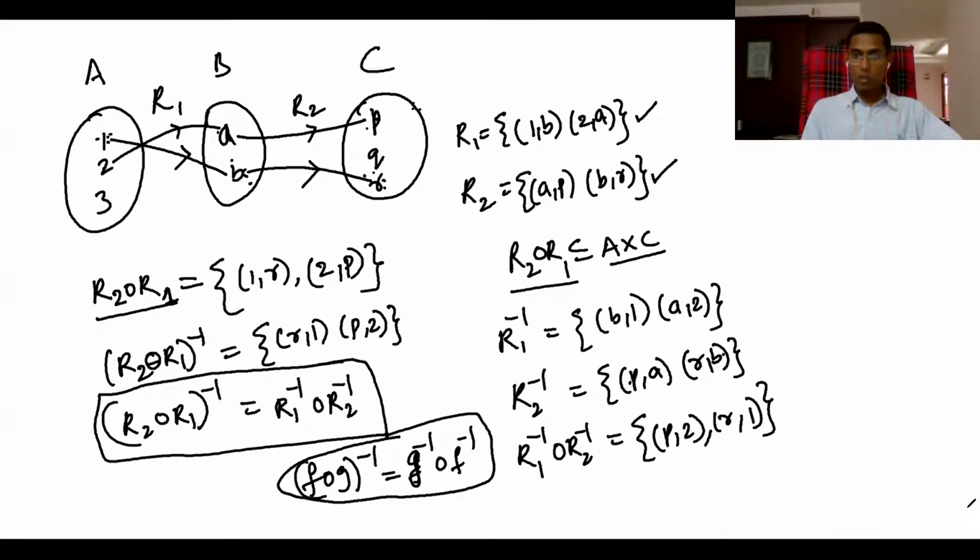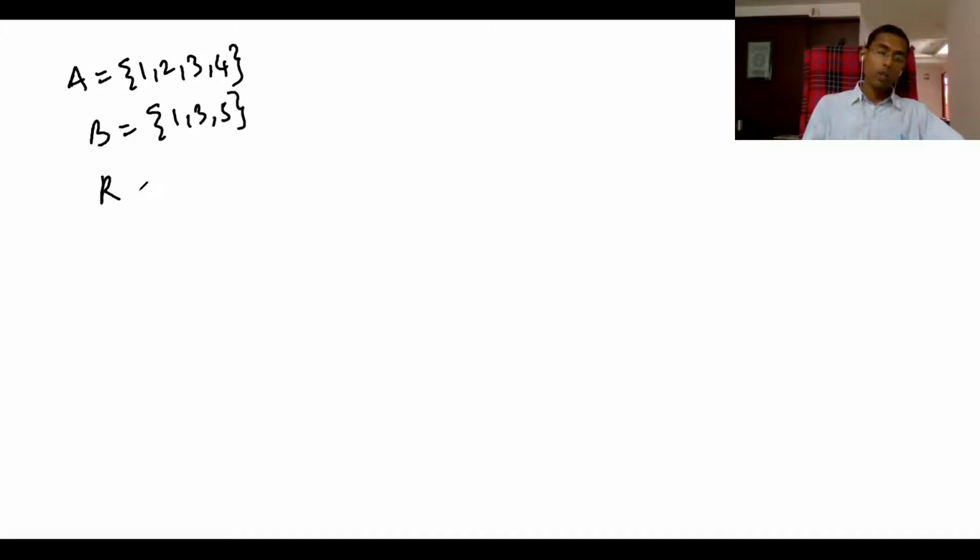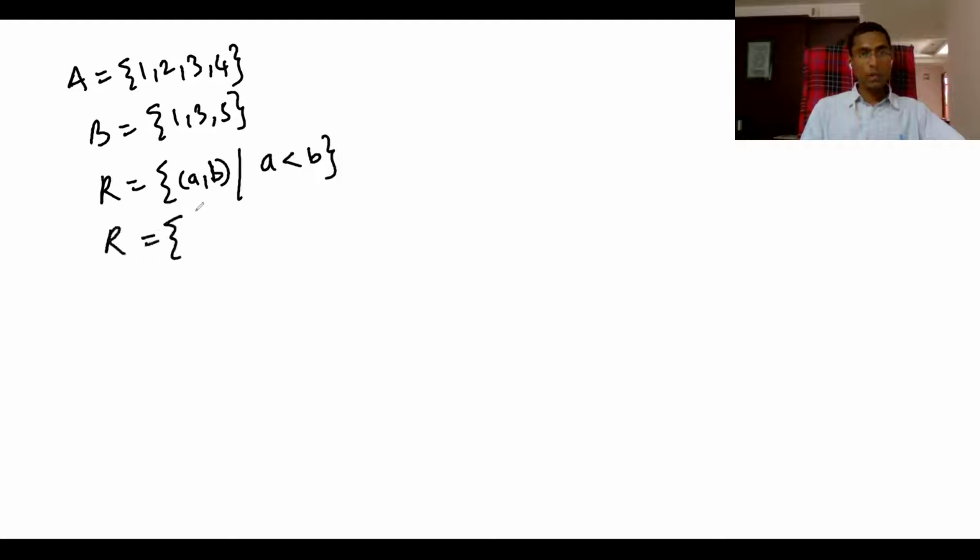So A has 1, 2, 3, 4. B has 1, 3, 5. R is a relation defined as A comma B such that A is less than B. Now what do I get for R? 1, 1 I won't get. 1, 3 I get.